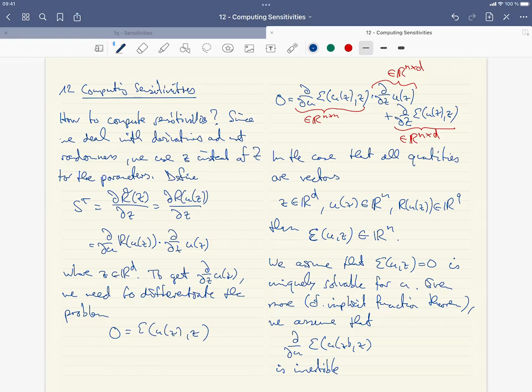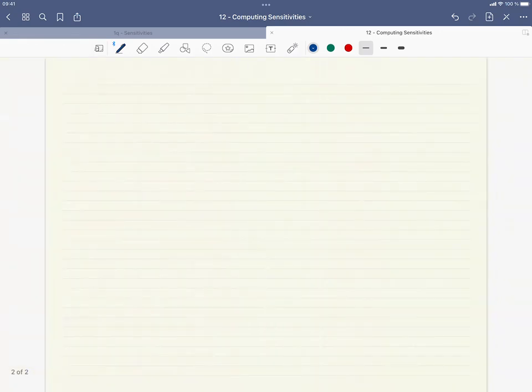Yeah, and we assume this because then we can compute the derivative of the output of the solution with respect to the input. Yeah, that we can write this here, d over dz U of Z.